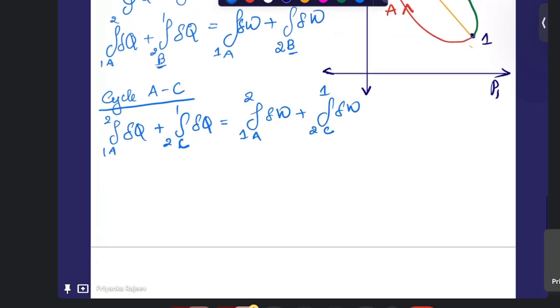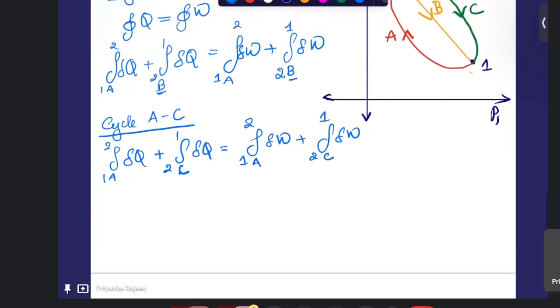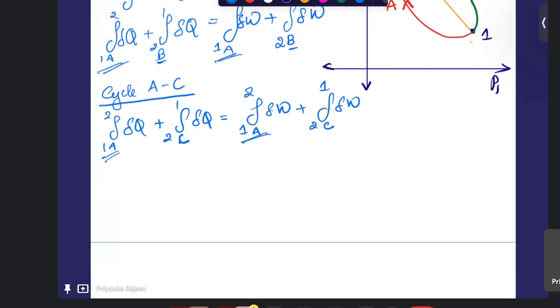Okay. Now subtracting these two equations, the path A terms will go away and you will be getting a B minus C sort of equation.